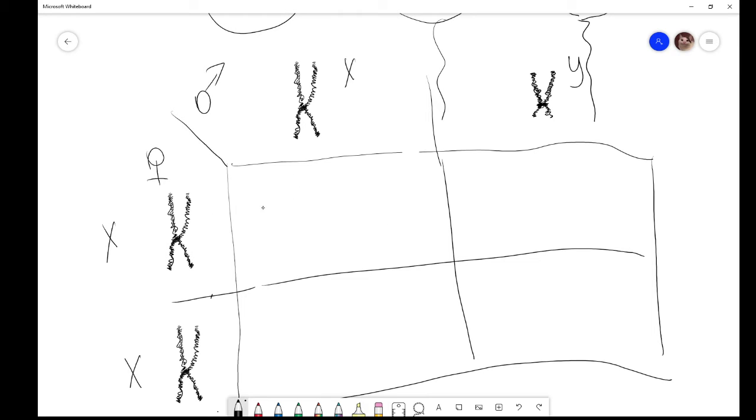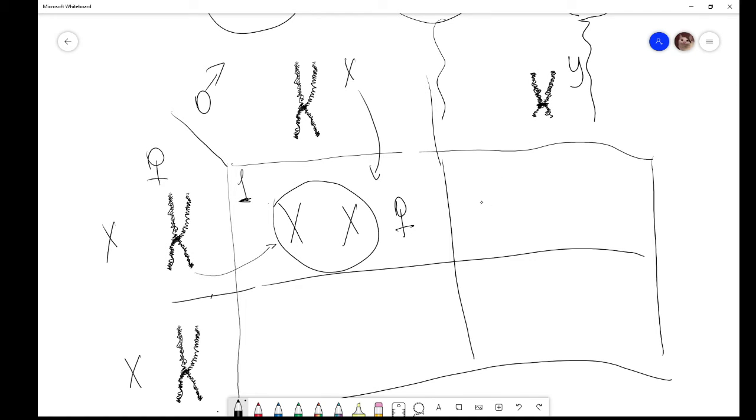And here, this is the first variant of child: X chromosome from the mother, X chromosome from the father, and we get a girl.